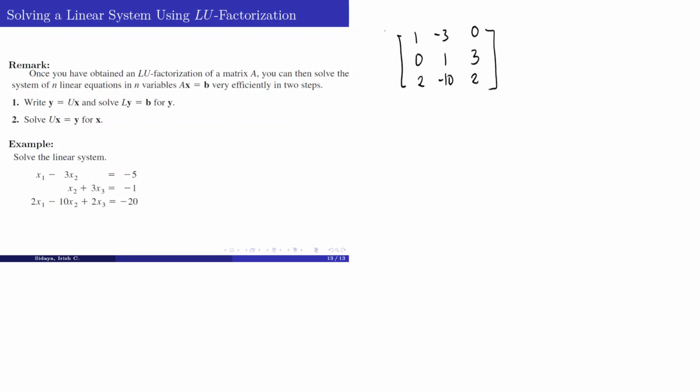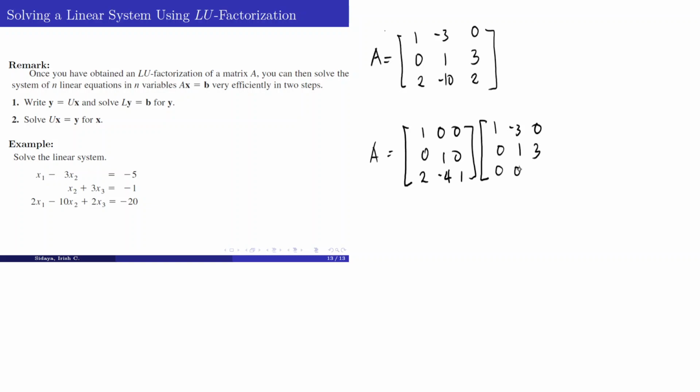Now let us call this one A. Actually, this matrix is in the previous example where we got the LU factorization of this matrix as [1 0 0; 0 1 0; -4 1] times [1 -3 0; 0 1 3; 0 0 14]. Okay, so this is the LU factorization of A.